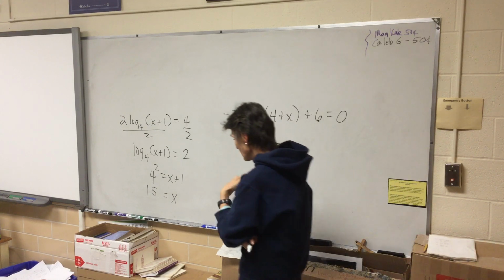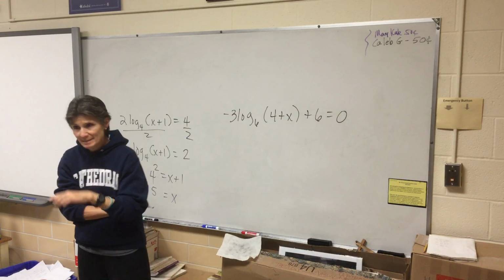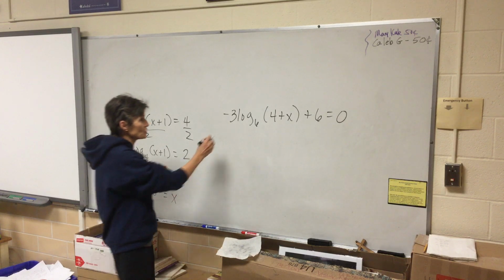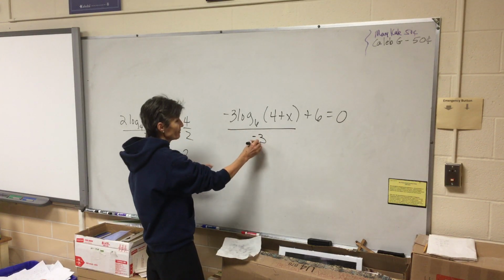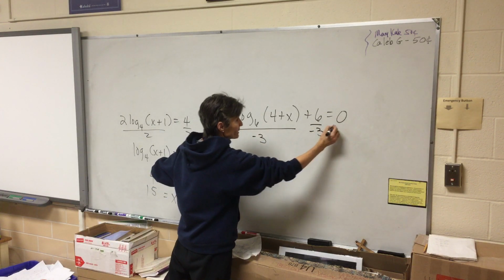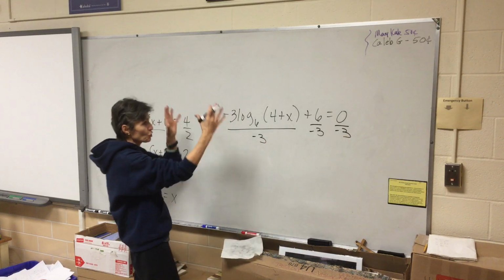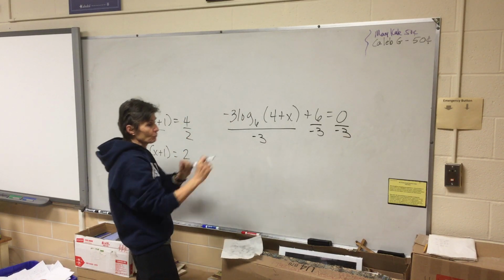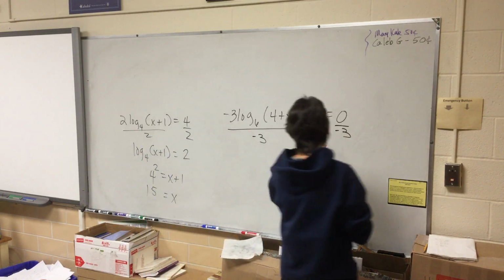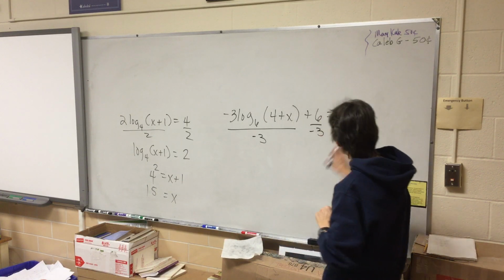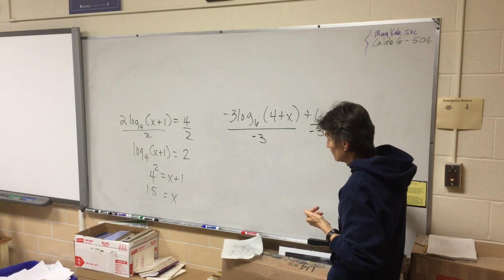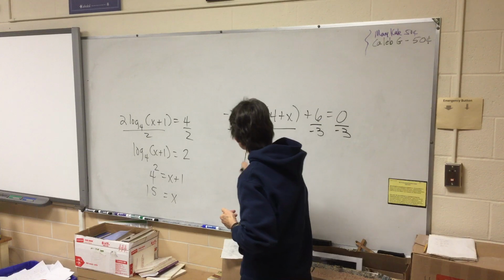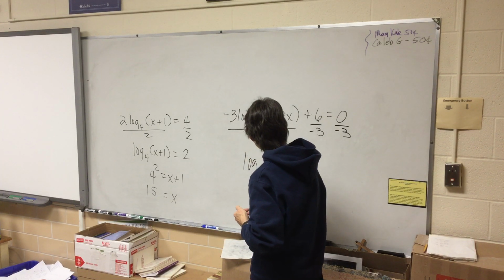You can. I probably wouldn't do that first myself, but you can, as long as you remember, Liz, that you got to divide everything, each term, by -3. So that would include the 6 and the 0, but it doesn't really matter. So that's okay. We can do that.